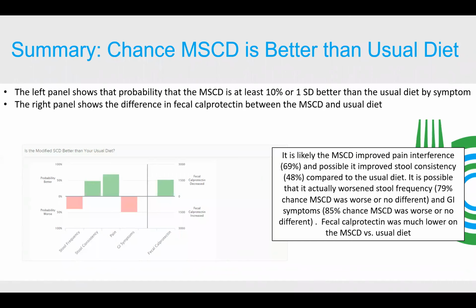And there's a possibility that the MSCD worsened GI symptoms. Again, there's an 85% chance that the MSCD was either worse or no different, although we did see improvements in fecal calprotectin. So maybe some reductions in fecal calprotectin, but not a lot of reductions on the symptoms on the MSCD other than pain interference.